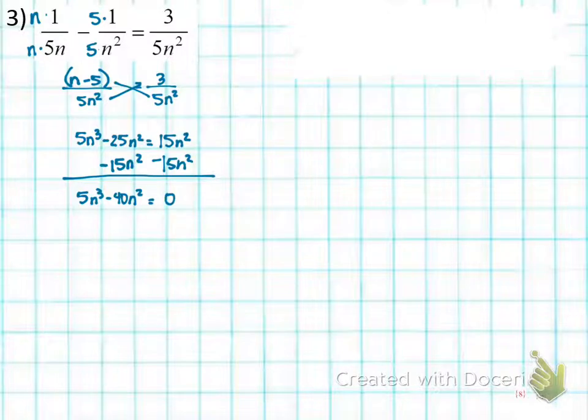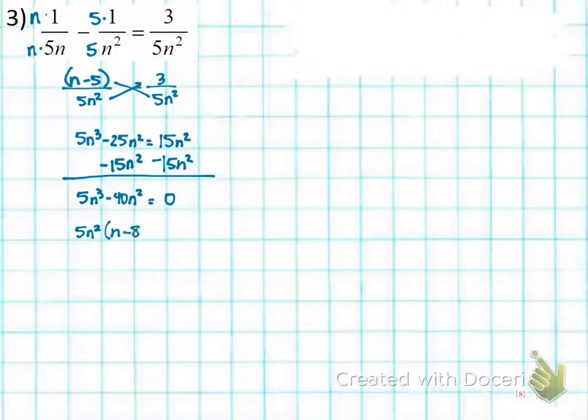At this point, we have a problem we could solve. So what can I factor out of 5n cubed and 40n squared? 5n squared. Yeah. 5 times 8 is 40. So we got n minus 8.